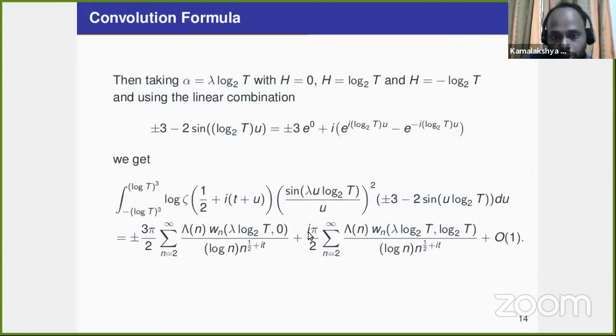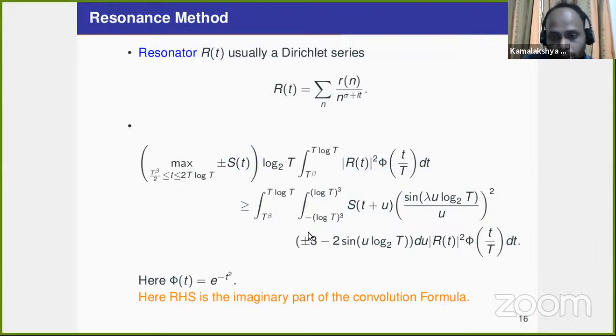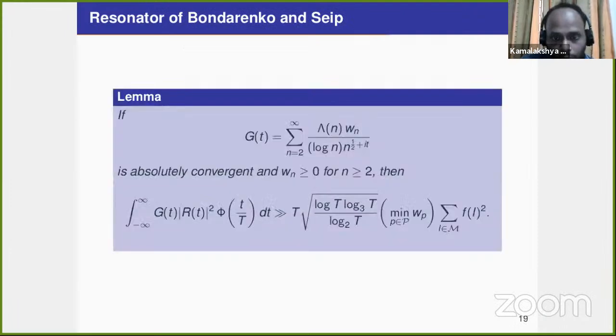So we know that now. This is the imaginary part of our Dirichlet series. We have a formula here, and we saw again that this formula has this large value. So it's less or equal to t times square root of log t triple log t by double log t, and this mean term, and then the sum of F_L squared. That gives the lower bound of our right hand side term.